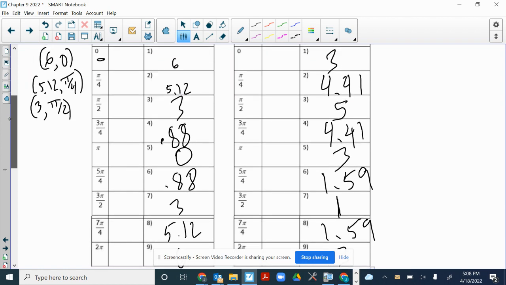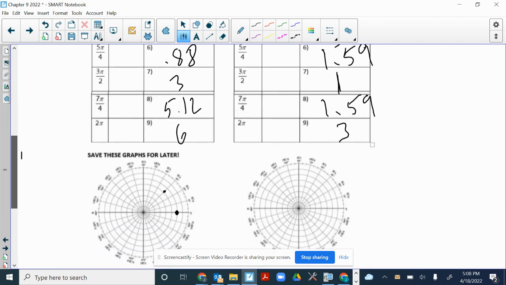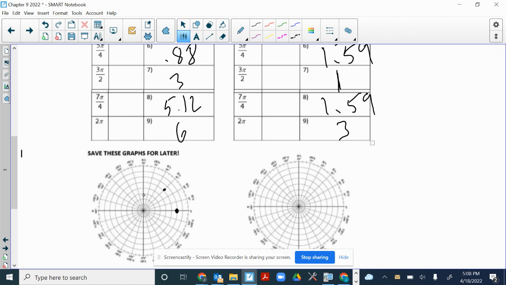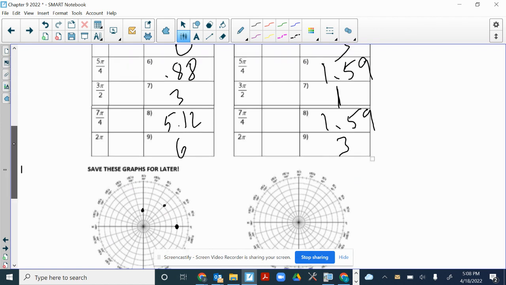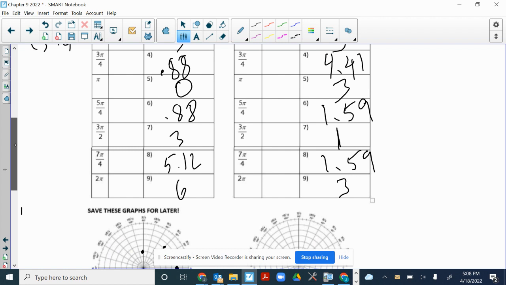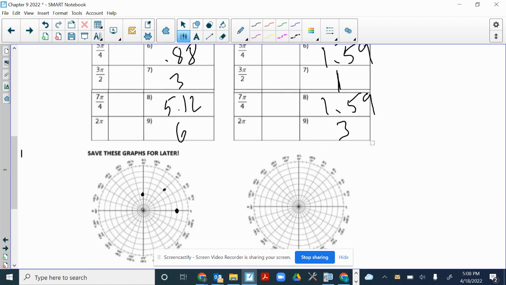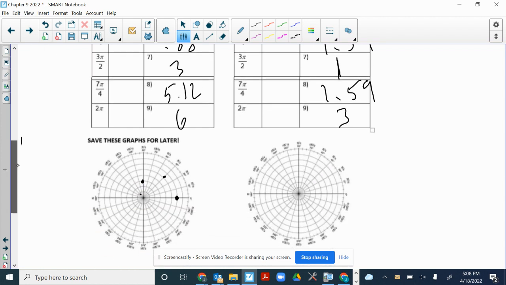And then I continue on at pi halves. I'm up at 3. So 1, 2, 3. And then 3 pi fourths is 0.88. So I'm not even a full circle away, like that. Then at pi, I'm actually 0, which means I'm at the pole.